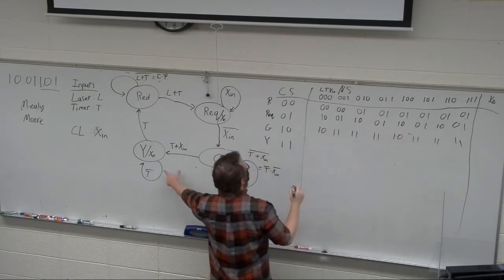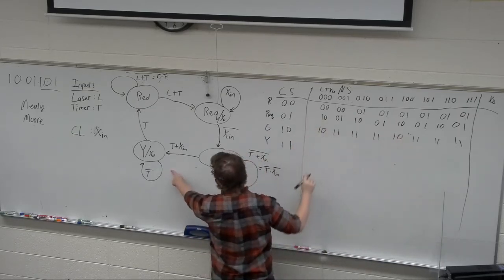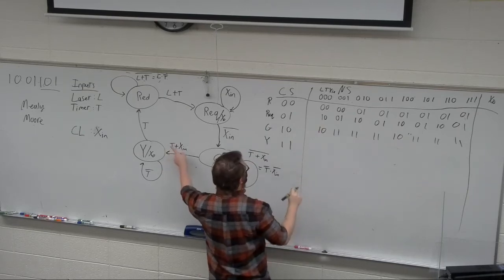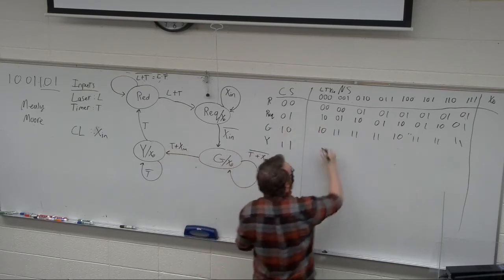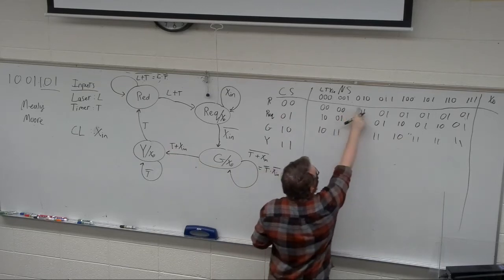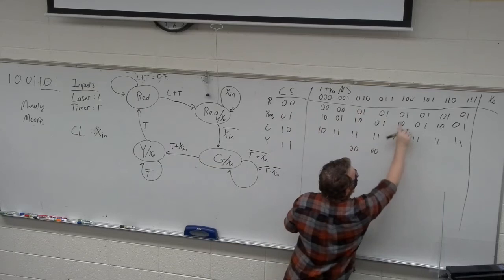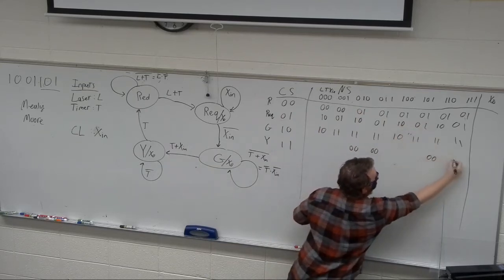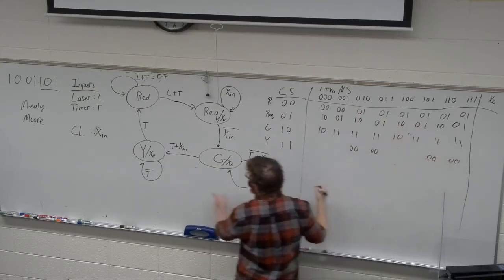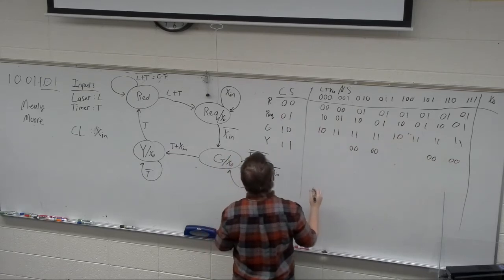The last one only cares about T, which is the middle one. And if T is true, we go back to red. So T. And otherwise we stay put in yellow.